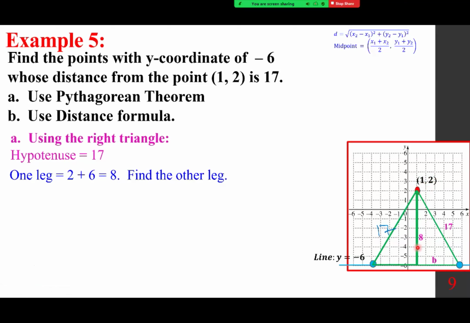So if you look at the right side or the left side, it doesn't matter. One leg is 8, the hypotenuse is 17. Find b using the Pythagorean theorem. Therefore, 8 squared plus b squared equals 17 squared.